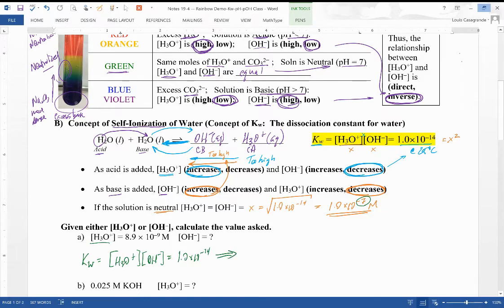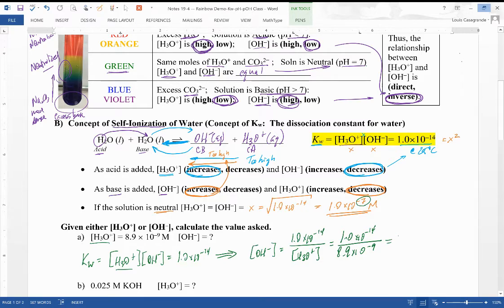So if we know the hydronium concentration, we rearrange to find the hydroxide concentration. That's going to be 1.0 times 10 to the minus 14 divided by the hydronium concentration, or in this case, 1.0 times 10 to the minus 14 divided by 8.9 times 10 to the minus 9. You can drop the molar in there because there's no molar in our unit, but make sure you put it back when we have the hydroxide concentration at the end.